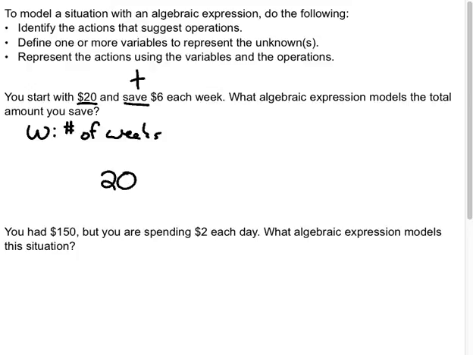So I'm adding $6 each week. So the amount of money I'm adding is $6, and that's connected with the number of weeks that have passed. After 1 week, I'll have saved $6 additional dollars. After 2 weeks, I'll have saved $12 additional dollars. Those two things are connected, so that is how we can represent that situation.